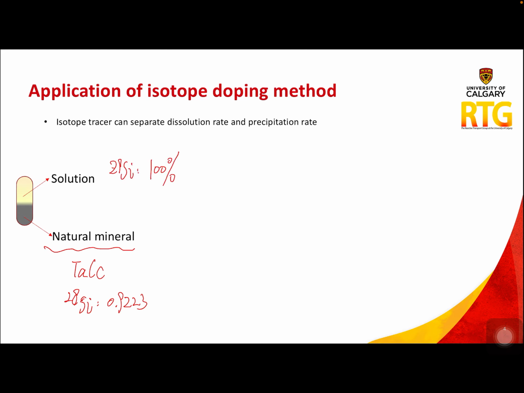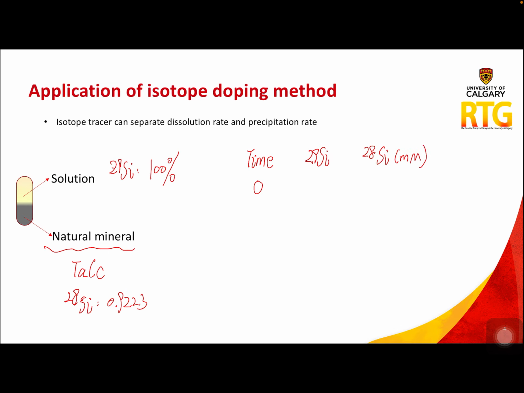So imagine we have the solution and the minerals in the reactors. At time 0, the silicate concentration can be separated as 28 and 29.